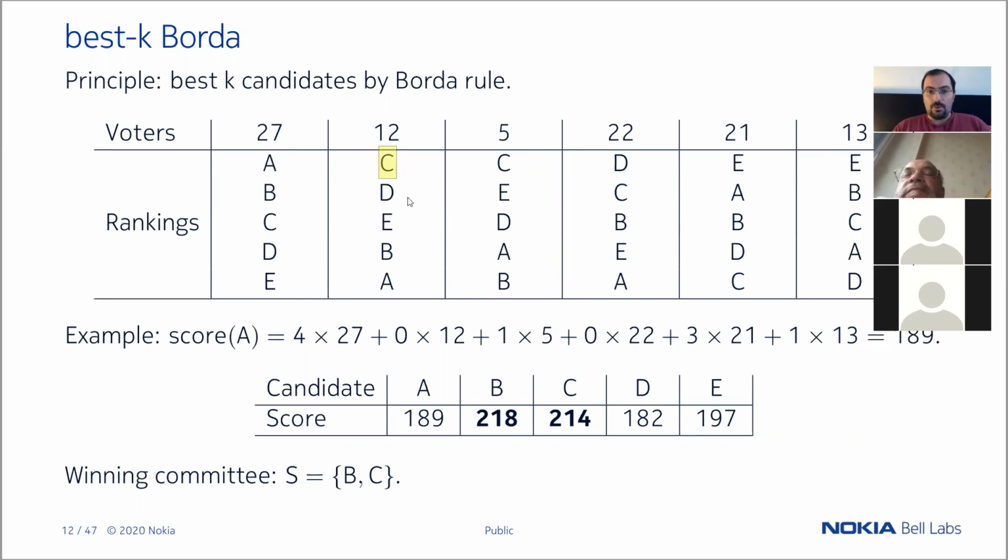And these voters give a score of 0 to A because there is no candidate below A in the ranking. This way you can compute the score of A, for example, which will be 189, and you simply take the two best Borda scores, which are 40 and 40.